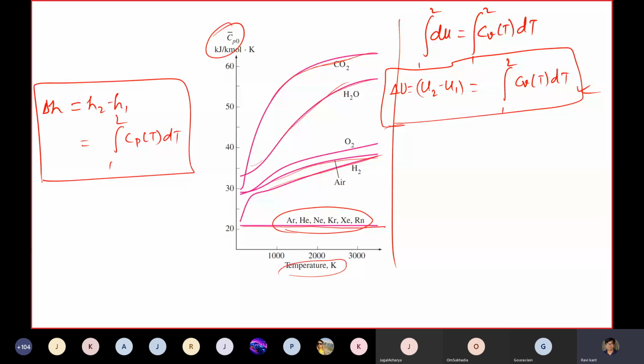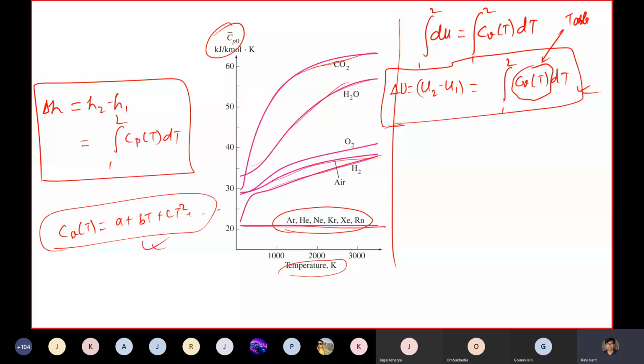In your table, there are several formulas to estimate this, and it should look something like Cv(T) is equal to some a plus bT plus cT square or something, dot dot dot. Some sort of polynomial formula is there, where a, b, c are appropriate constants.